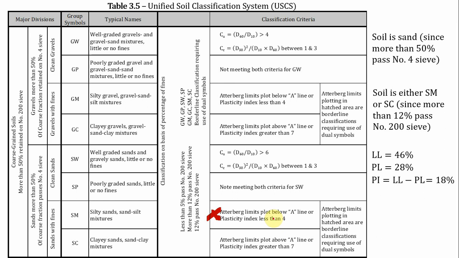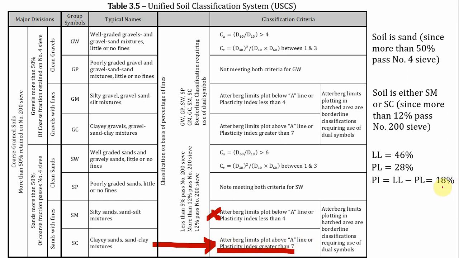And then, titingin tayo sa SC, class. Criteria sa SC. It says here, class, that the Atterberg limits plot above A line, or pwede rin plasticity index is greater than 7.